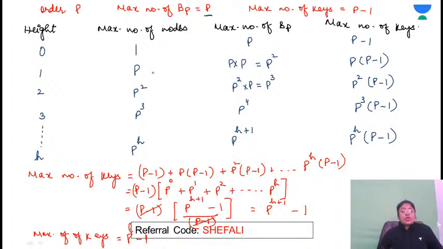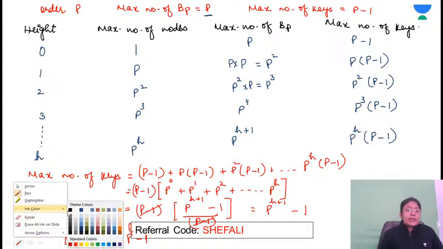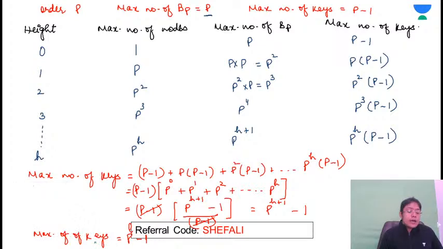Other type of question: if they are asking for the minimum or maximum number of pointers which will point to null in the B tree. How many pointers will point to null? Which block pointers will be null? Block pointers of the leaf nodes.